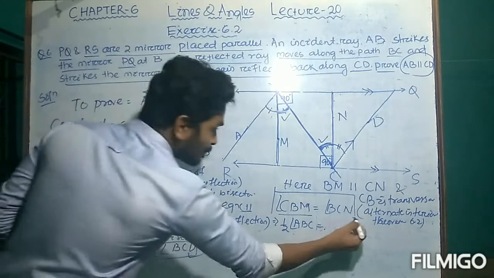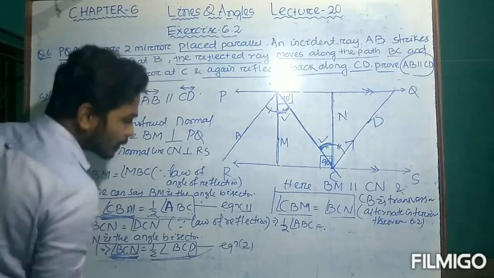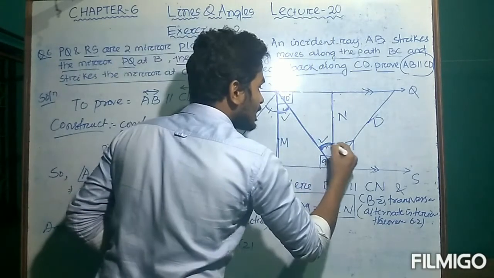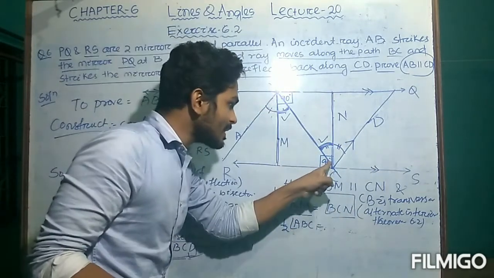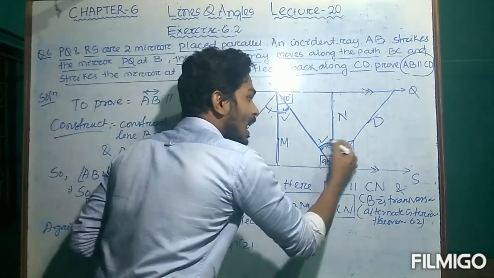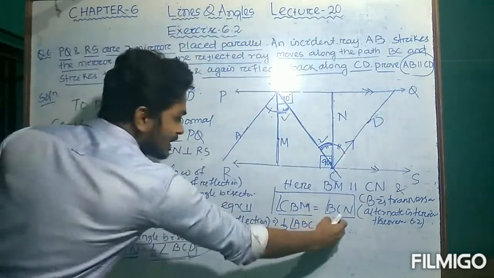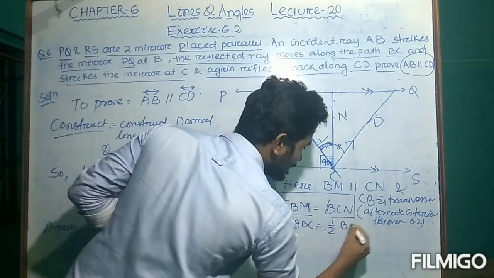In equation 2, angle BCN is equal to half of the total angle BCD, because this is the angle bisector. So in the place of BCN, we can substitute half of BCD.